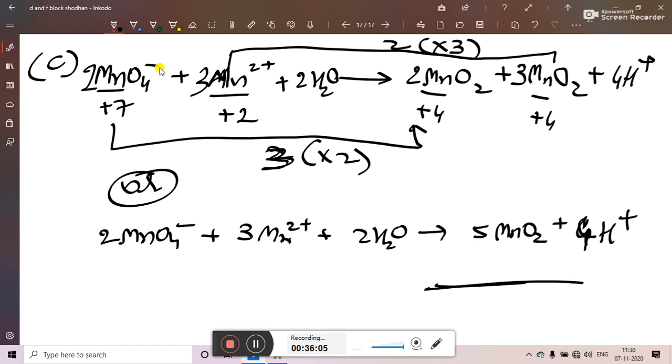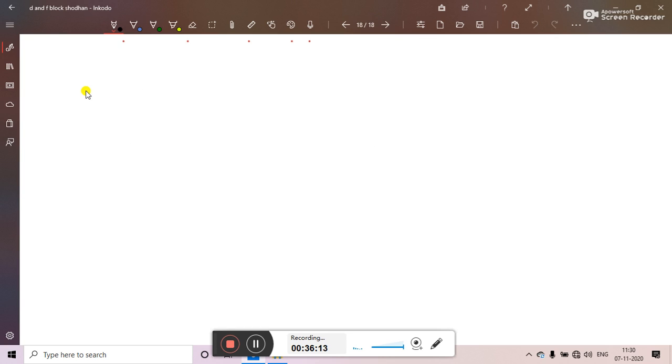Now let us see the uses of KMnO4. So the first use is in analytical chemistry.